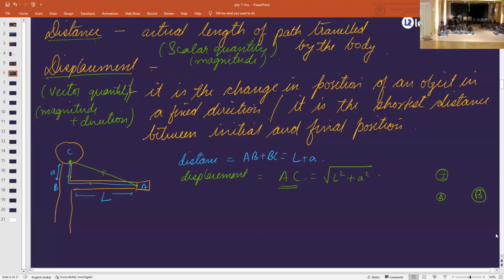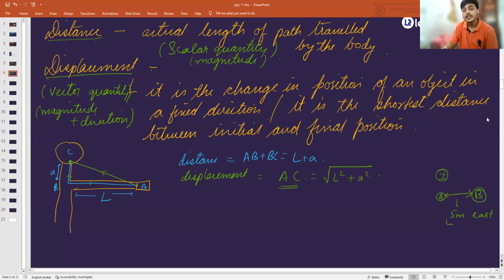No. But if I say that he is 5 meters towards the east from you, now will you be able to catch him? Yes, sir. So that is distance, magnitude, and direction. 5 meter east. This specifies the magnitude, and this specifies the direction. Both are required to specify displacement. Okay.